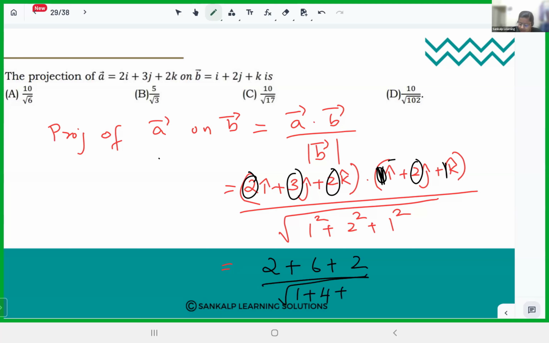So what is the answer? 2 plus 6 is 8, 8 plus 2 is 10. 10 by root 6 is the projection of vector A on B.